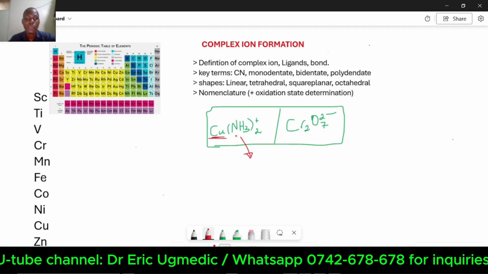That's according to me, but you can find in some textbooks they define a complex ion replacing these terms. So I've said that it can be a metal atom or ion bonded to one or more ions or molecules through coordinate bonds.